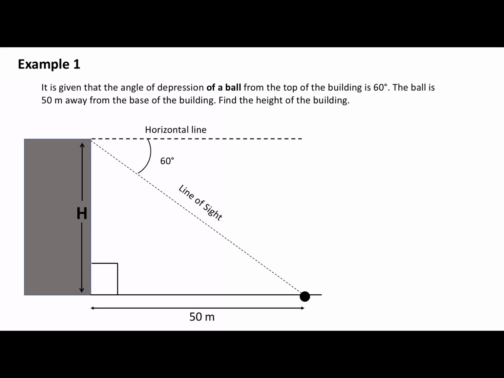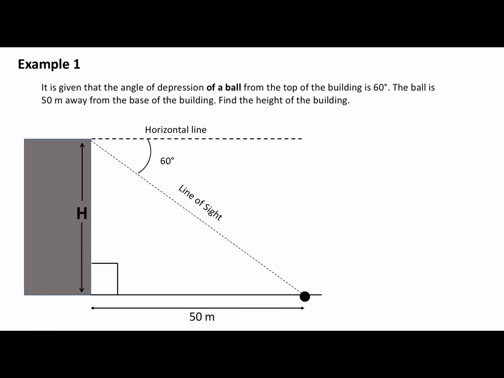Now, there is something wrong with this right angle triangle. What is it? Okay, we have the H, we have the 50 meters, but we are missing an angle. In the triangle that we used earlier, we had an angle besides the 90 degrees. But in this new right angle triangle, we don't have an angle besides the 90 degrees.